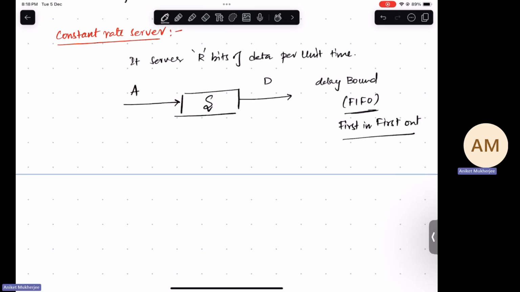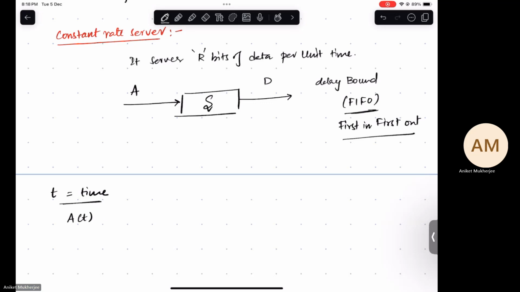Before trying to find the delay bound, we'll introduce some notation. Basically, t is your time. Any letters like t, those I'll be using for time.